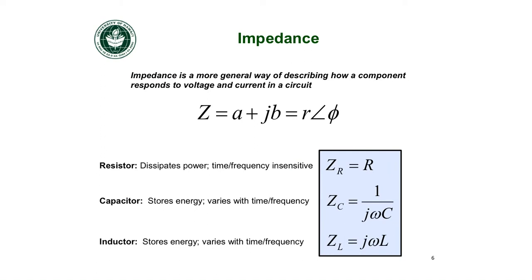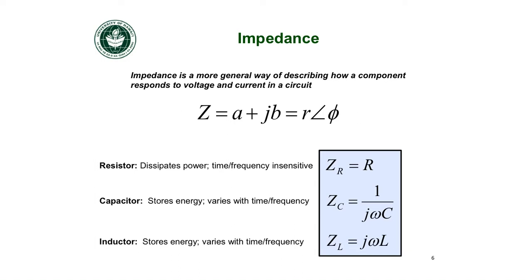That complex number representation or phasor representation relates to impedance, which we described in the previous chapter. And this is just a more complex, since it's a complex number, more complex representation of the concept of resistance.